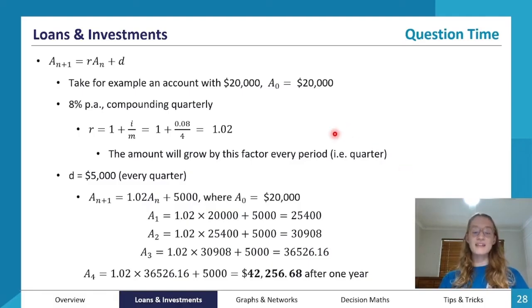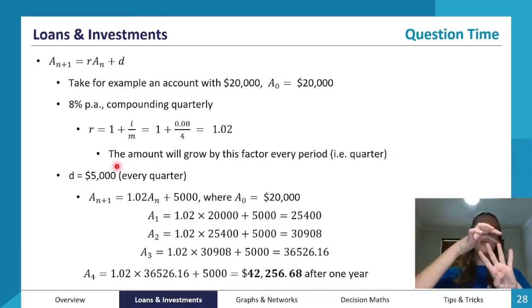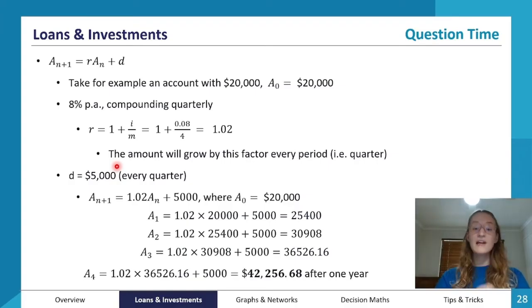So that means in this annuity, we'd have $42,256.68 after 1 year, because we started with $20,000, and then each quarter we added another $5,000. So adding $5,000 4 times throughout a year, we'll have $5,000 added, then $10,000 added, then $15,000 added, and then $20,000 added. Shows us how we get this final value.